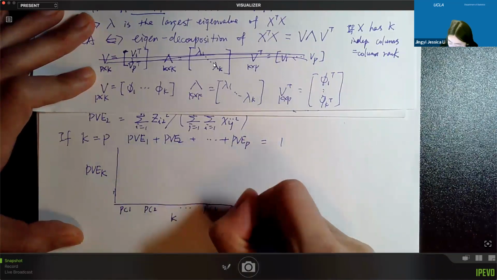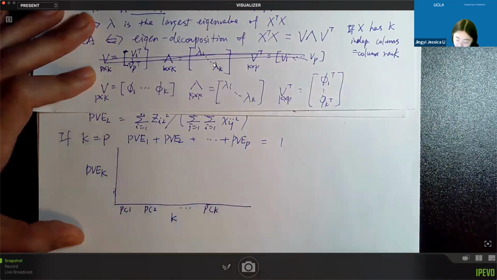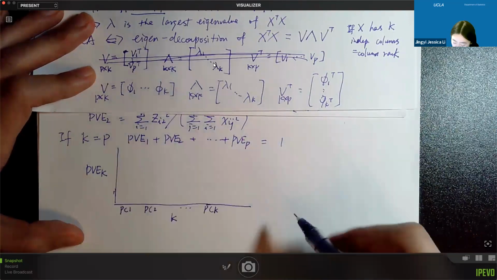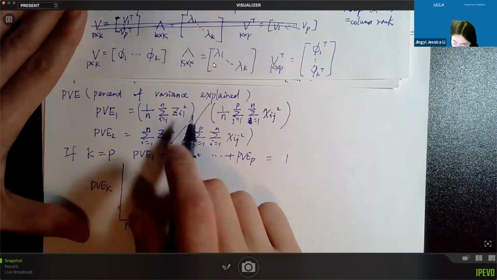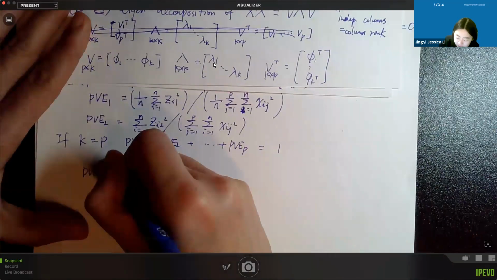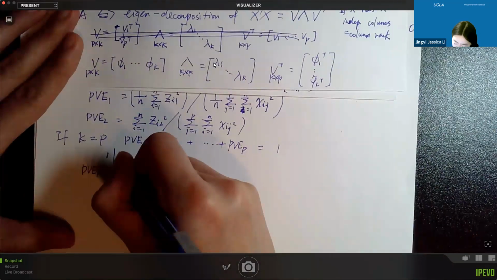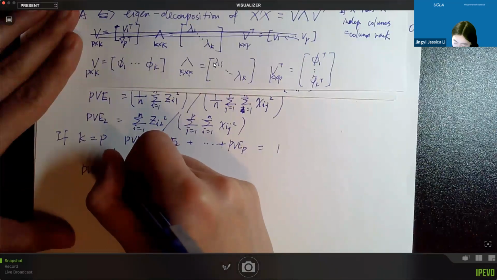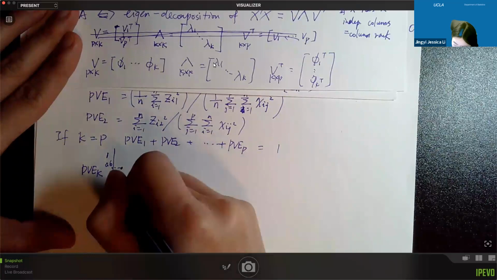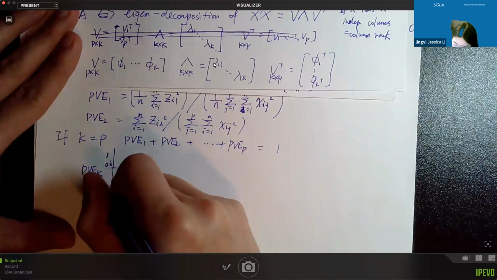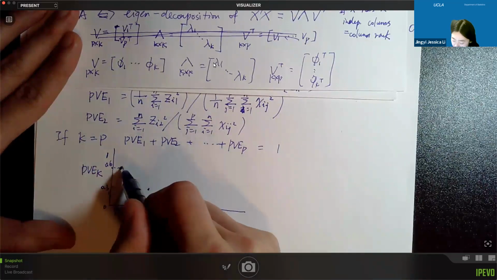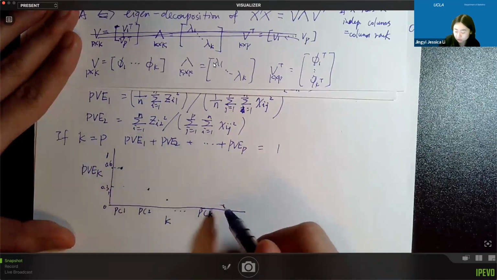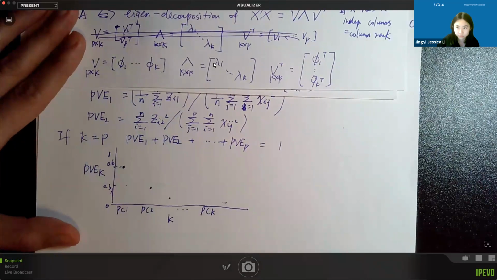So we can show how this changes. We know their sum is equal to 1, and each one is a percentage between 0 and 1. We have 0 here, 1 here. For example, PC1 explains a lot of the variance, say 0.6 here, and PC2 jumps to say 0.3, and PC3 further down. So the PVE goes down as your number of PCs goes up.